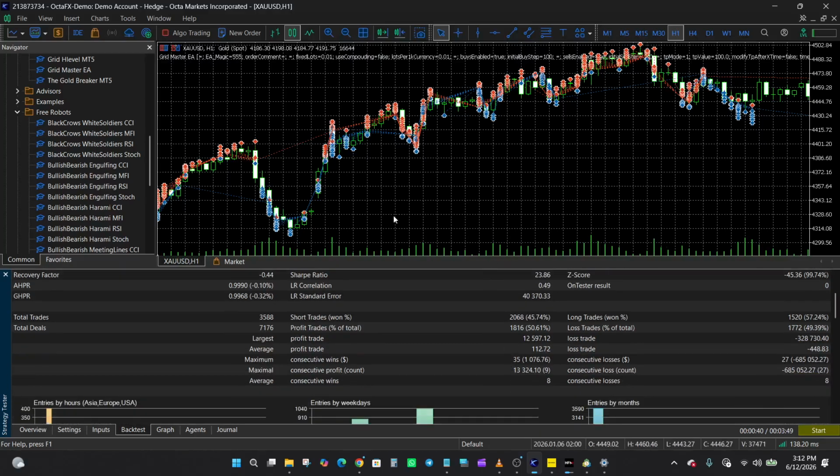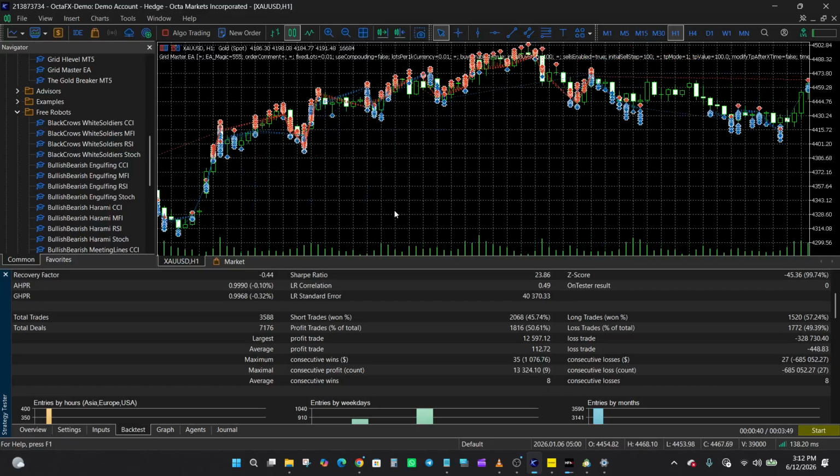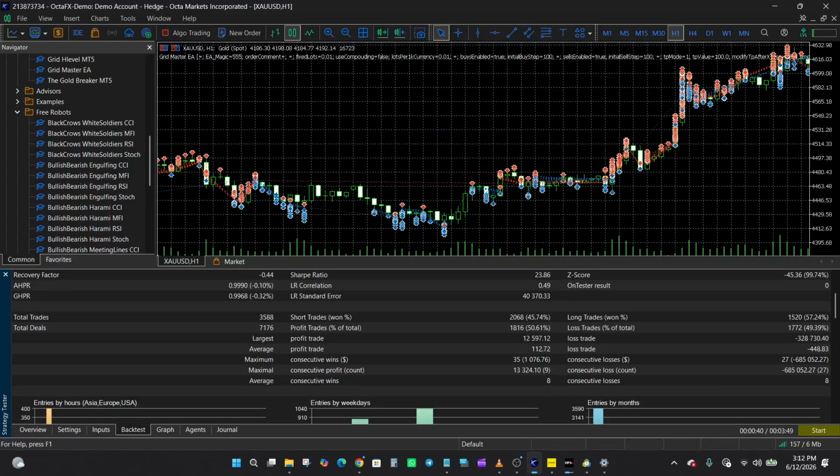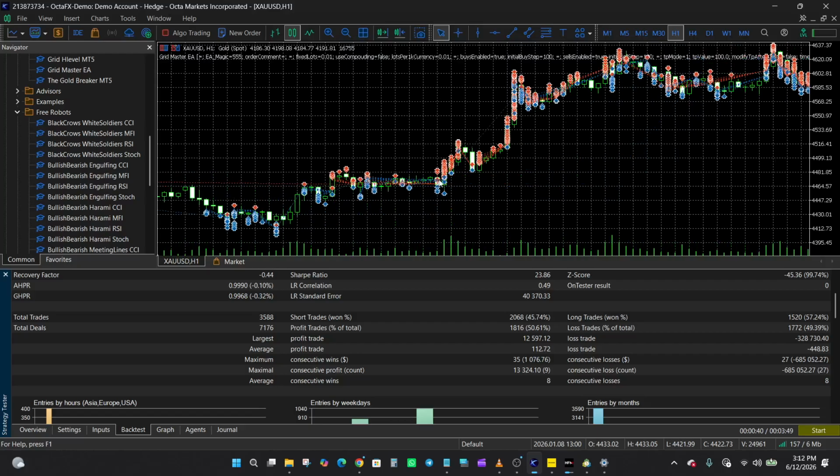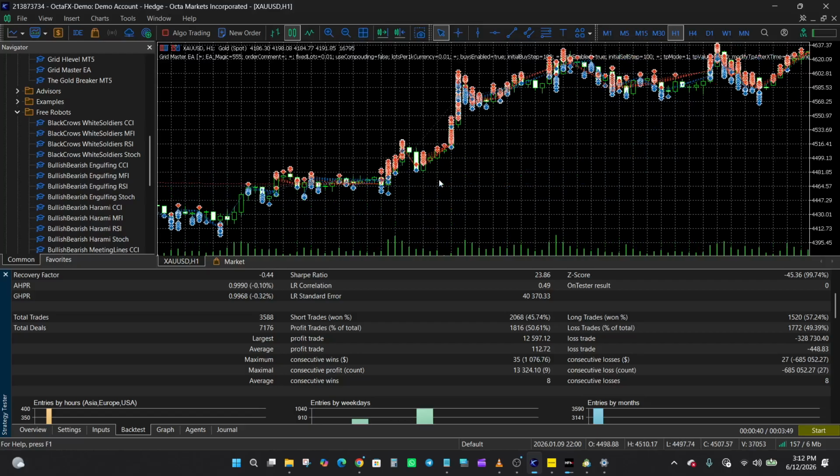So while reviewing historical chart activity, it's useful to observe how the configured grid parameters influence trade spacing, position sizing, and overall basket management. Since many settings are user adjustable, behavior can vary significantly depending on how the EA is configured.